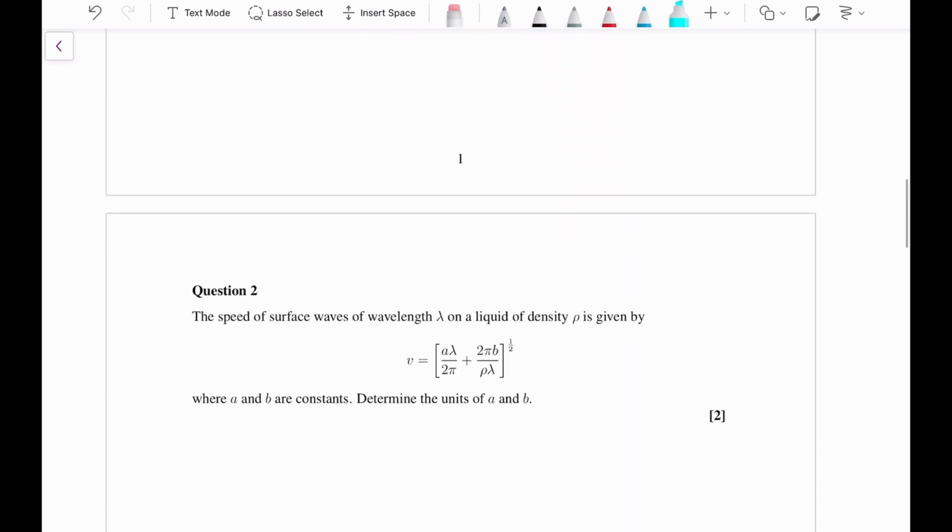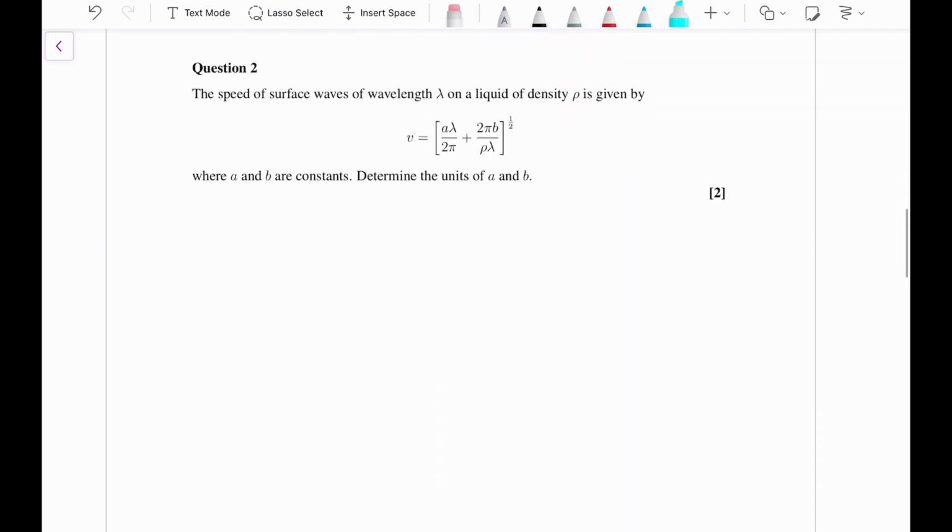Now let's see the second question. It says the speed of surface waves of wavelength lambda on a liquid of density rho is given by this formula, where a and b are constants. Determine the units of a and b. So now in this case there are 2 variables in one equation. What I'm noticing is that they are being added together.